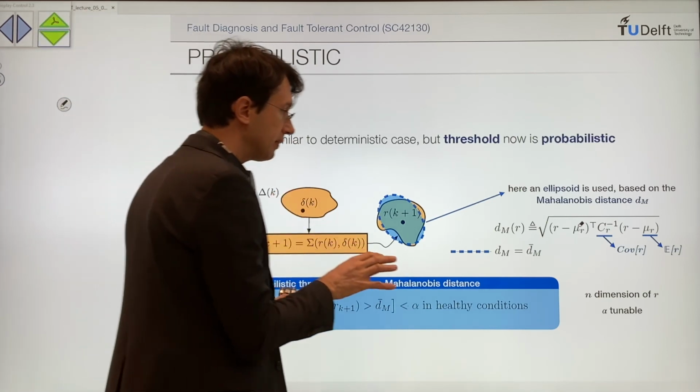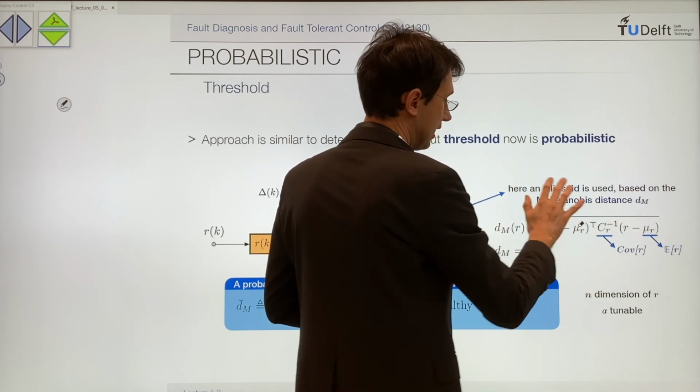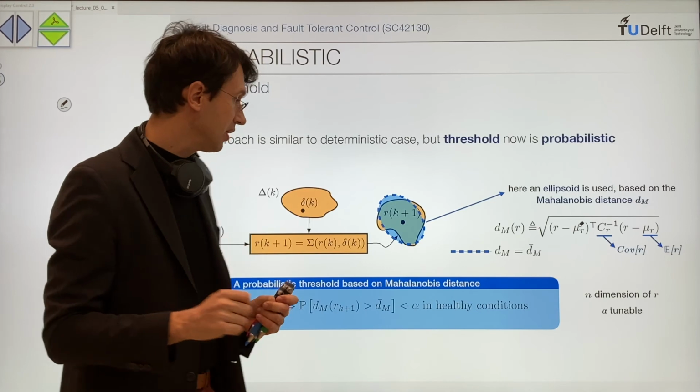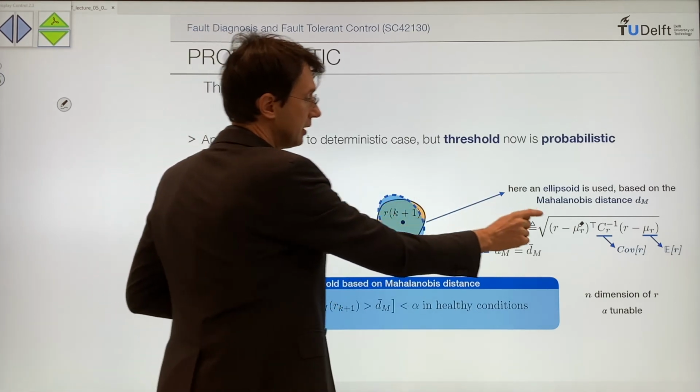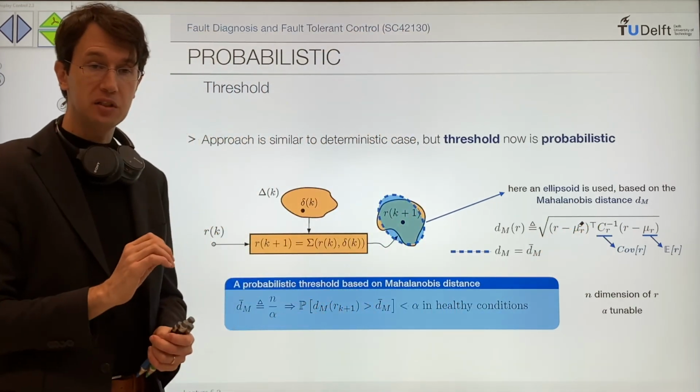An important thing: as in all tests, the parameters of the test are based on nominal healthy behavior. So you need to be able to characterize the mean and covariance of the residual in healthy conditions.